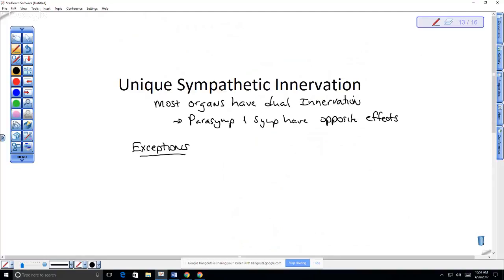One is blood vessels. The sympathetic nervous system is the only part of the autonomic division that innervates the smooth muscle.